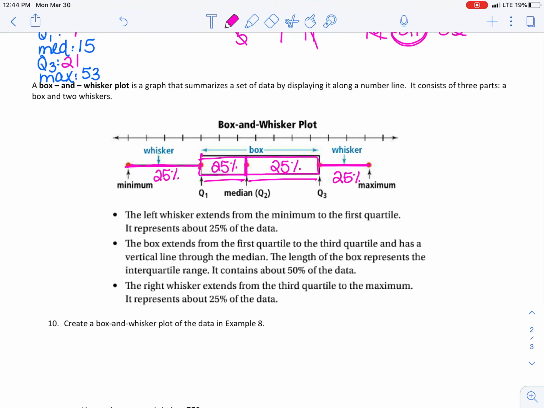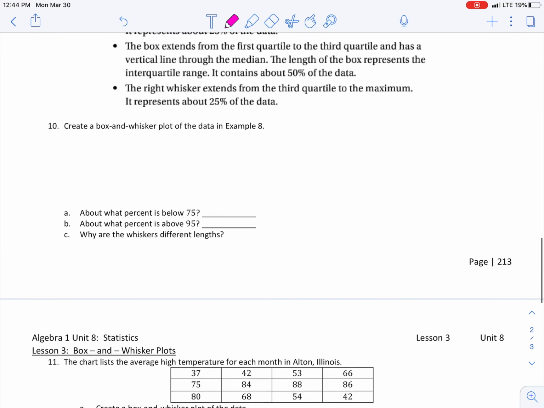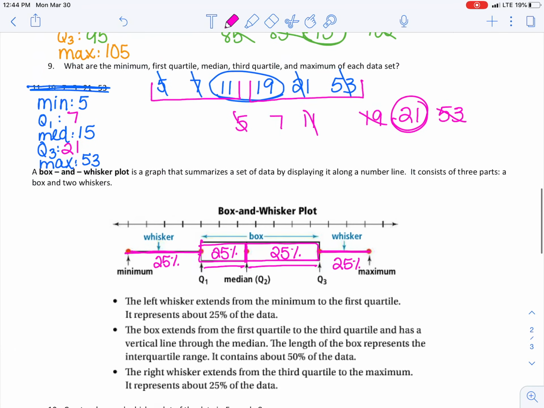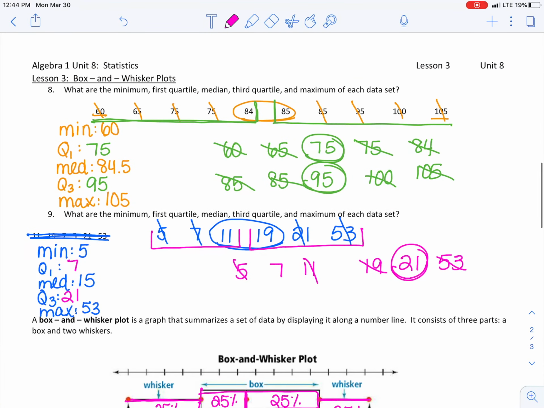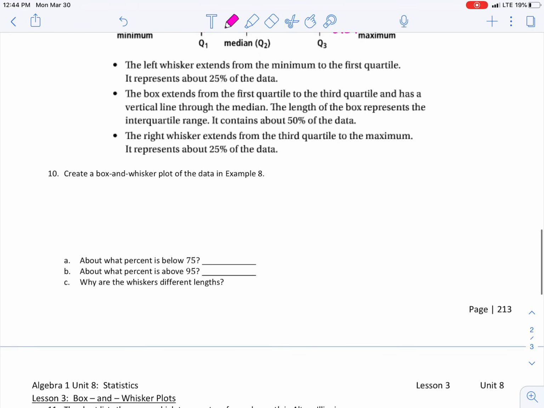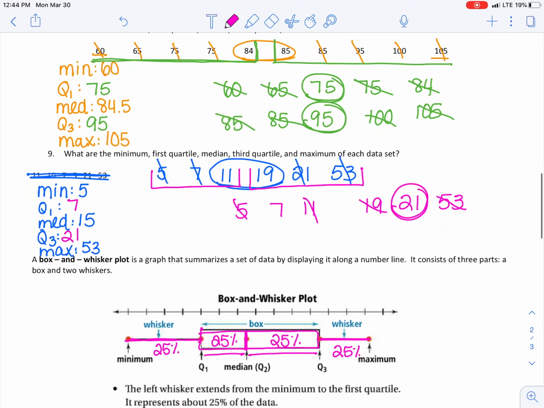All right, so if we look here, it says create a box and whisker plot of the data in example 8. I'm going to scroll back up here. We have a minimum of 60. We had a Q1 of 75, I think.